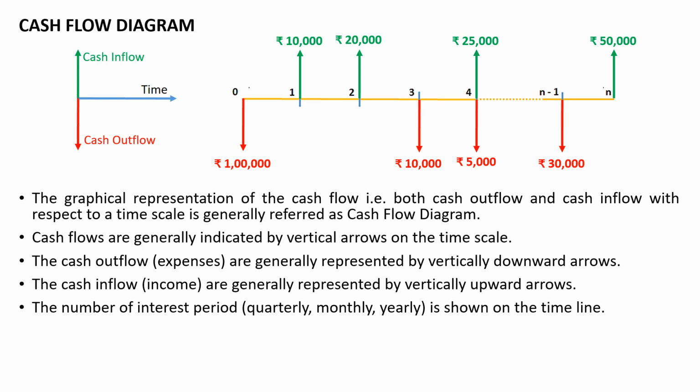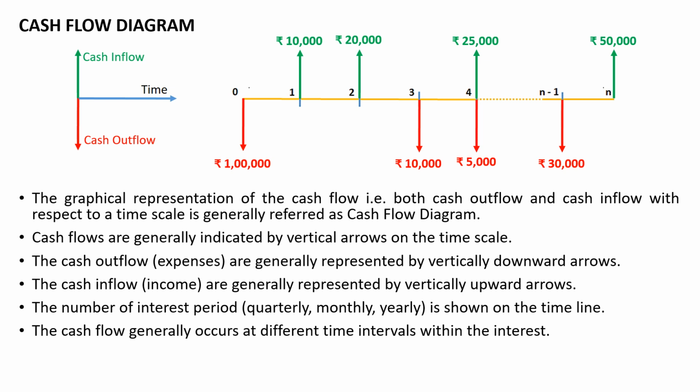So here we can see that there could be either only cash outflow or only cash inflow, or there could be both cash inflow as well as cash outflow in a given interest period, or also there is a chance that there is no cash inflow or outflow in that particular interest period.